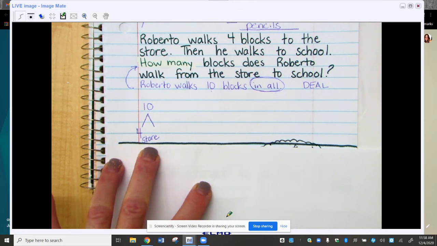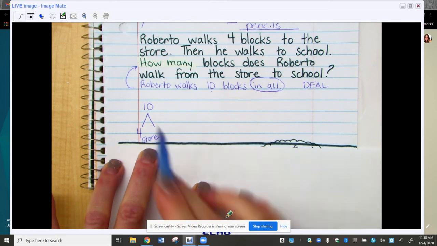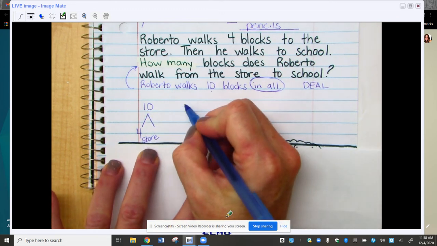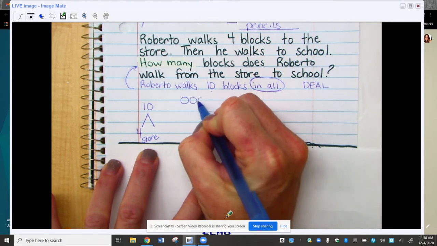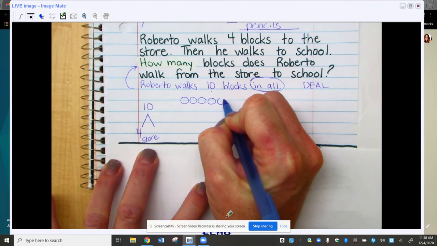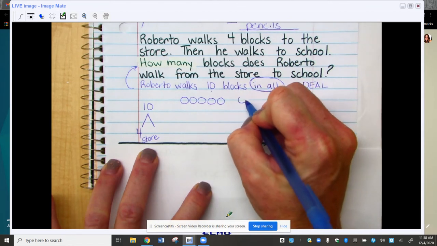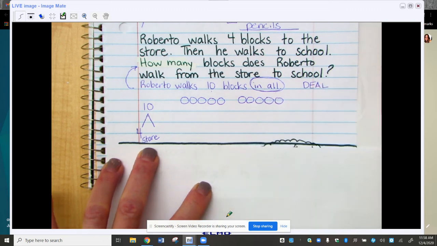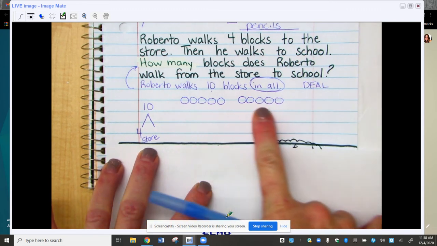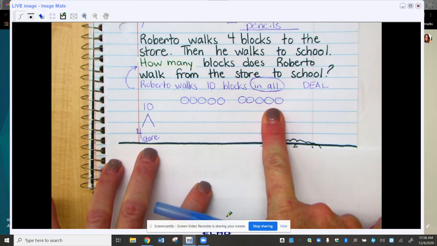So now we can start to write out our drawing. So the total is 10. So let's draw some circles to represent the blocks that he walks. Make a 5 group, leave a space. Okay, so here's my total number of blocks that Roberto walks.